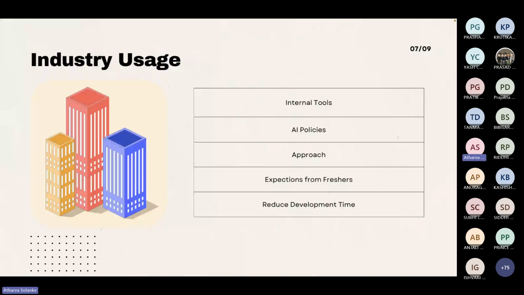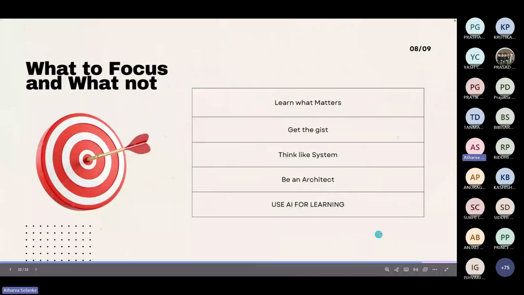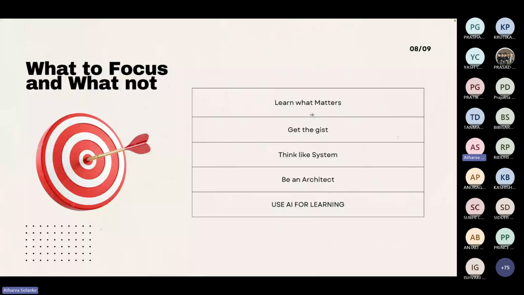So what you have to focus on: you have to learn what really matters. If you are just starting out, if you want to get into, let's say, DevOps, you won't be sitting 40, 50 hours taking a course and learning DevOps, or let's say backend. If you want to learn backend, you won't be sitting for 10, 20, 30 hours and learning backend. No, when I joined the company, my stack was MERN stack, but I was transferred to Angular and Java, which I had literally no idea about.